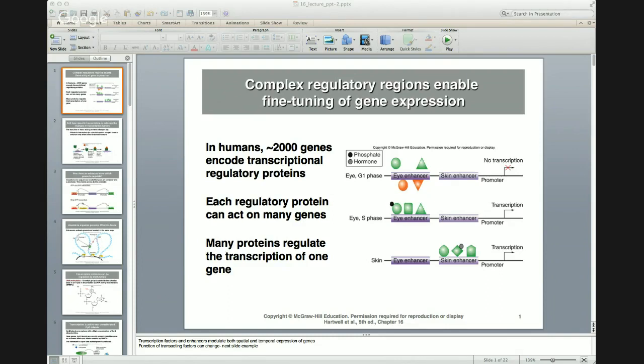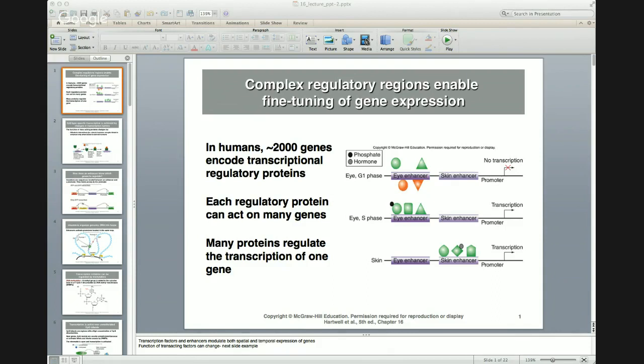So one gene could be under the control of many regulators, and each regulator can affect more than one gene. So this allows for fine-tuning of gene expression, and it allows for gene expression to be regulated both spatially and temporally.